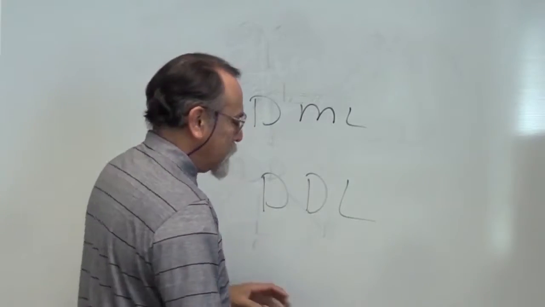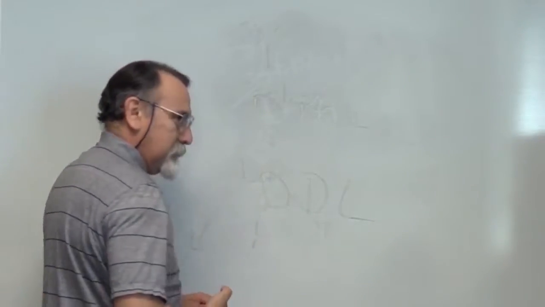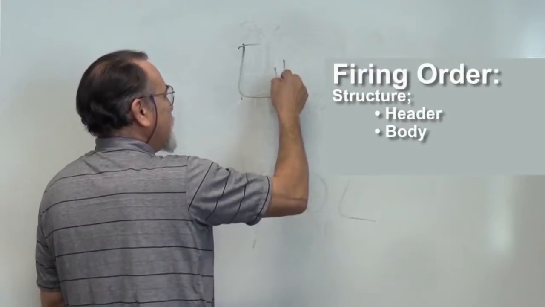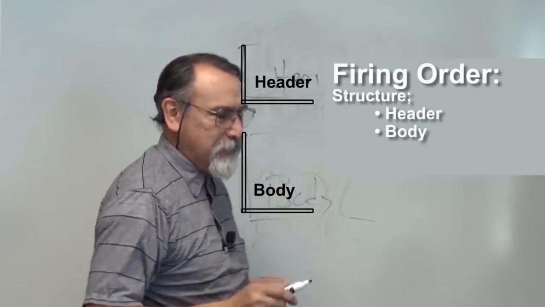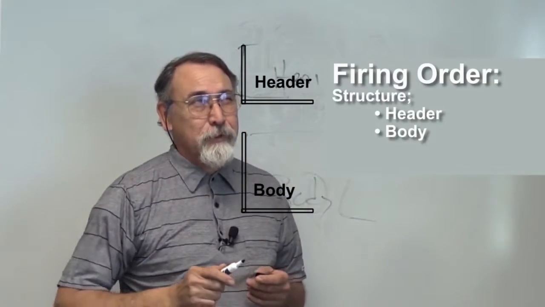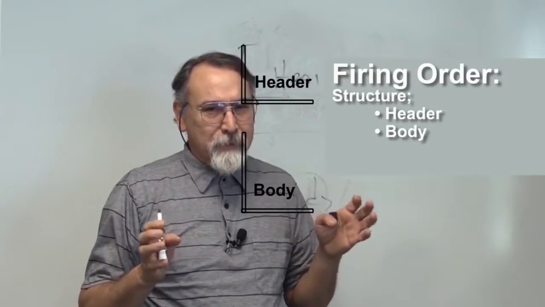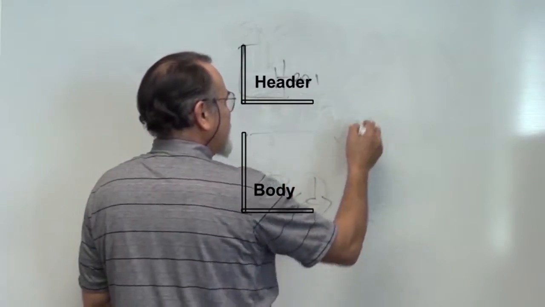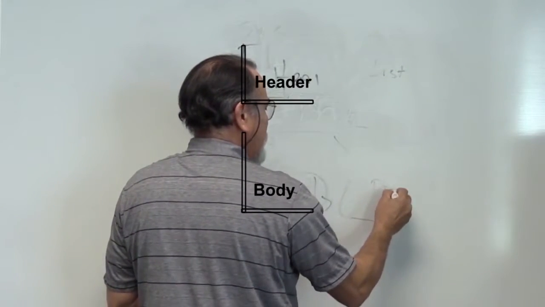Now, I haven't talked about the structure. I've talked about the scenario of the structure, but not the structure itself. In the structure, once again, you have the header and you have the body. The interesting thing about a trigger is that, for the most part, it does not have any programming capabilities. Basically you have a list of programs and what the programs do.